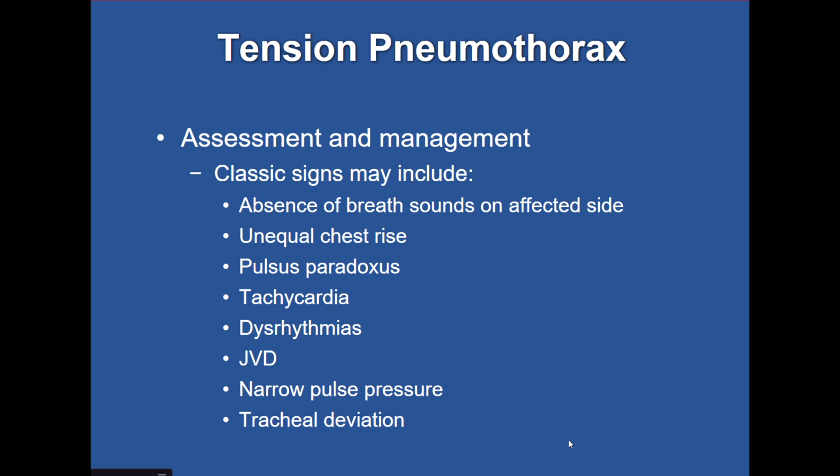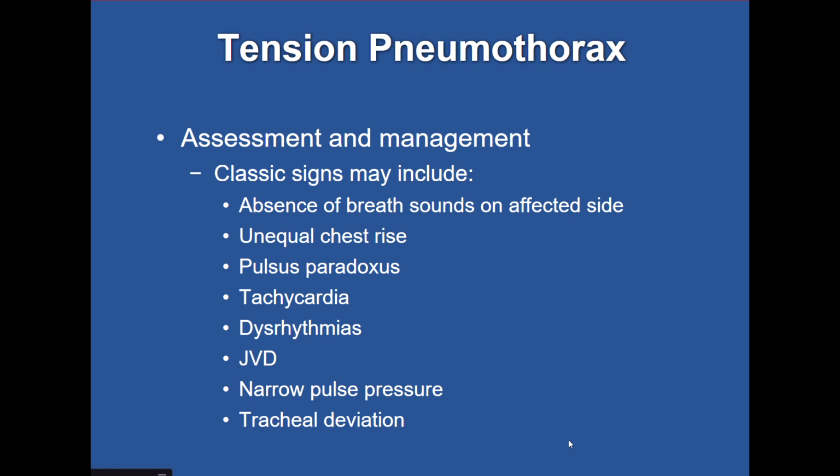You may also notice pulsus paradoxus with your patient, where the blood pressure actually changes by 10 millimeters of mercury when they take a breath in, and that's due to that pressure being put on the great vessels and the heart.